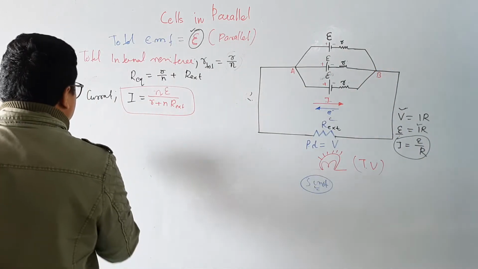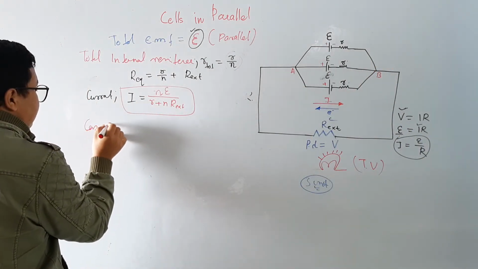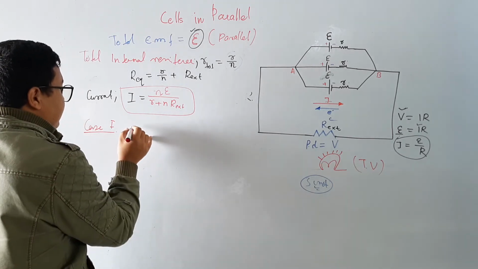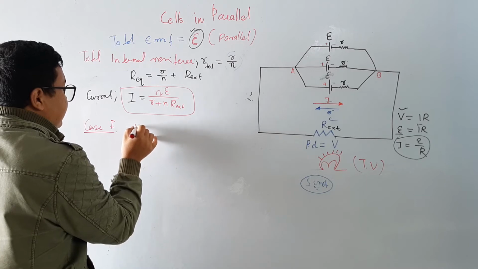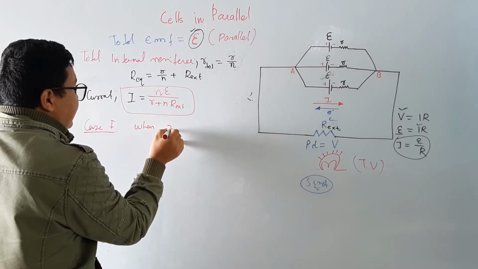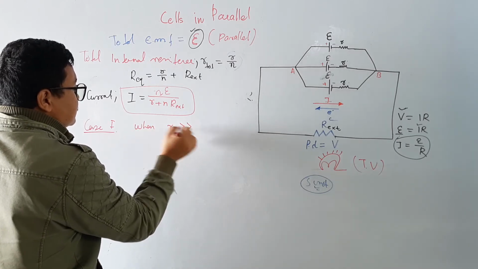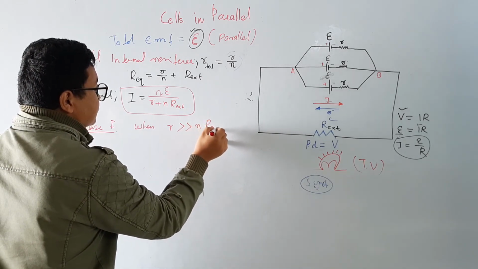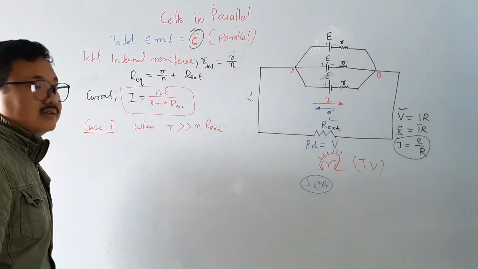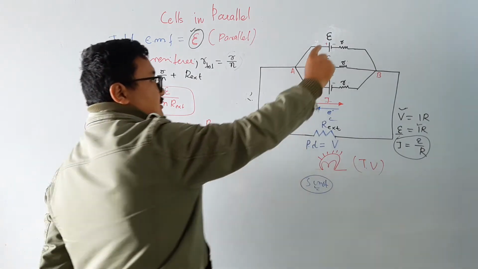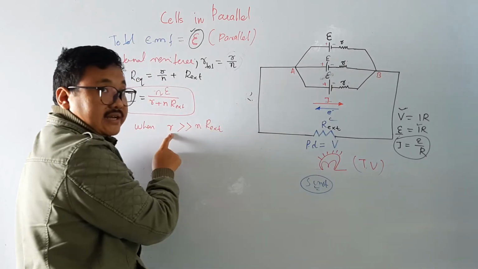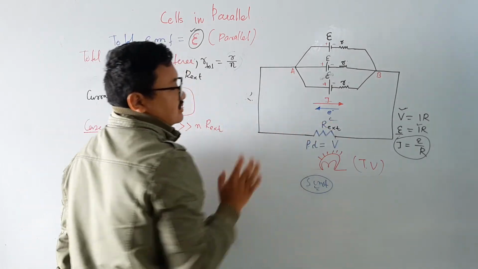Now let me go to some conditions first. Let me write case 1. In case 1, I will write when r is much greater than n into R external. What does this mean? This means that the internal resistance is much greater than the external resistance.